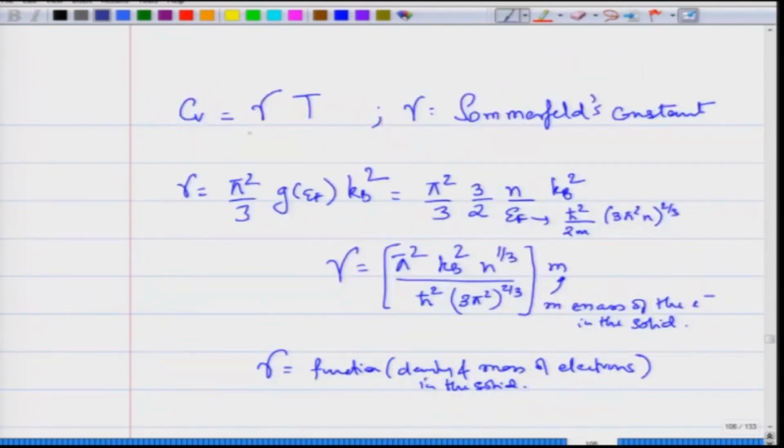So, the specific heat is some constant times the temperature of the electron gas, and gamma is called the Sommerfeld constant, and this constant is related to the density of states of the electrons at the Fermi level.